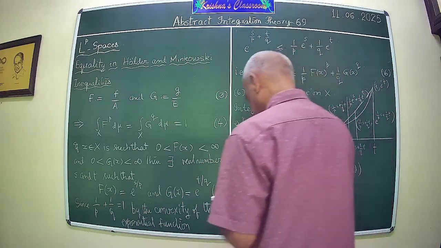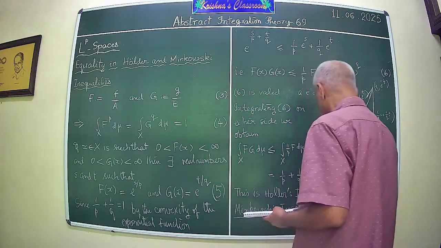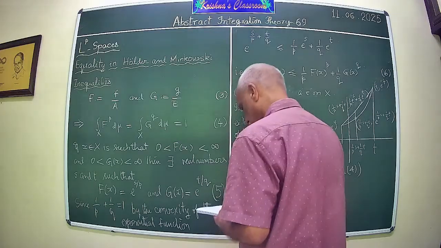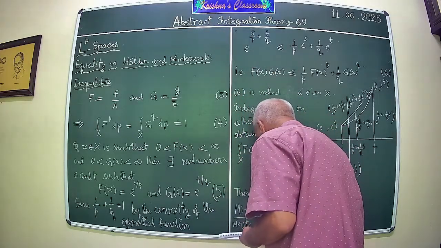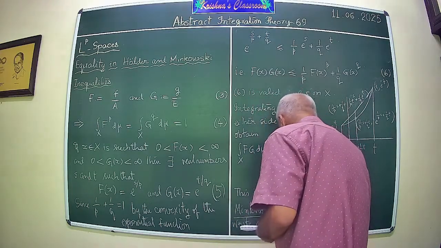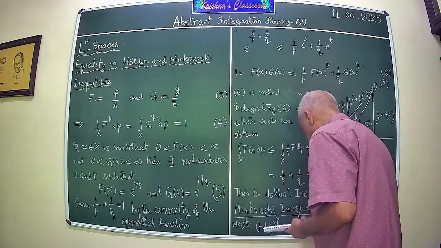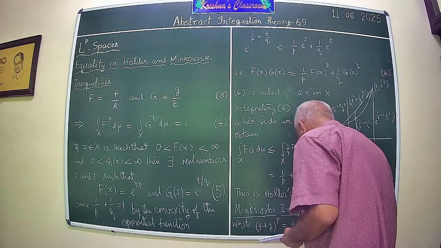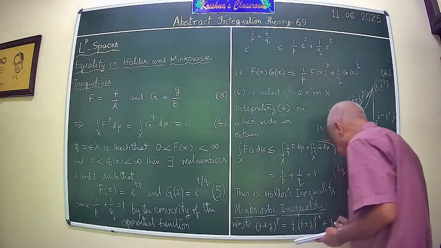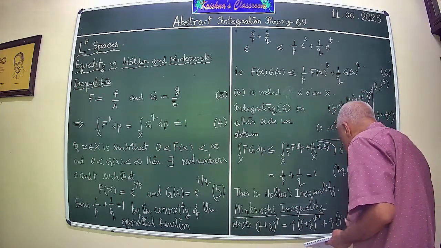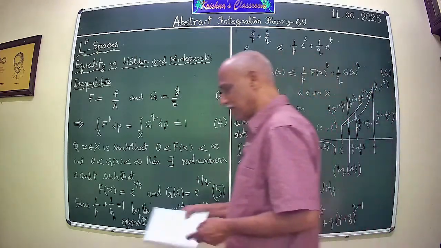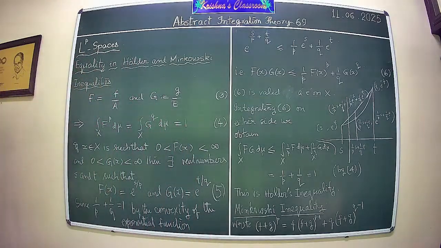So we shall write f plus g to the power p is equal to f into f plus g to p minus 1 plus g times. You might wonder why we have assumed that both f and g are non-negative.